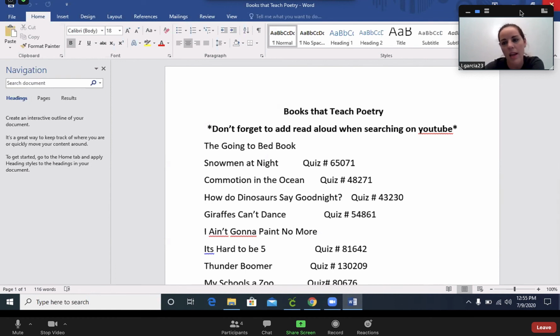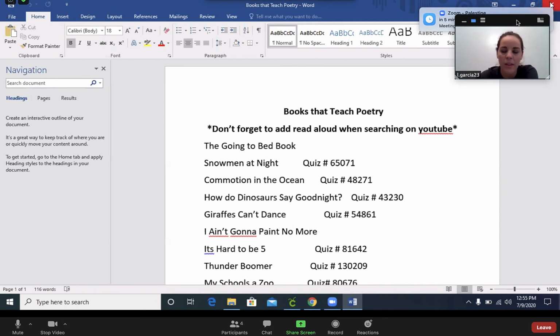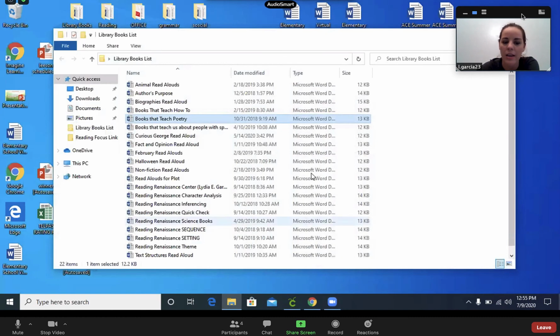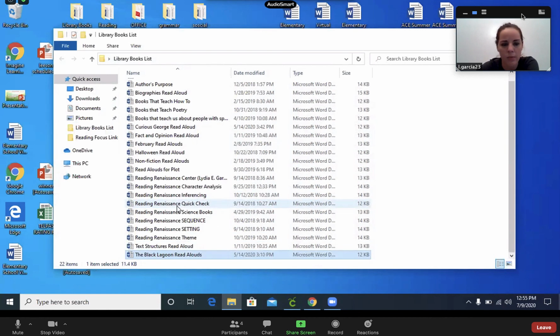So I built it over years of just adding. When we were teaching from home, I didn't have one at first. I have some, but I added books for social studies.